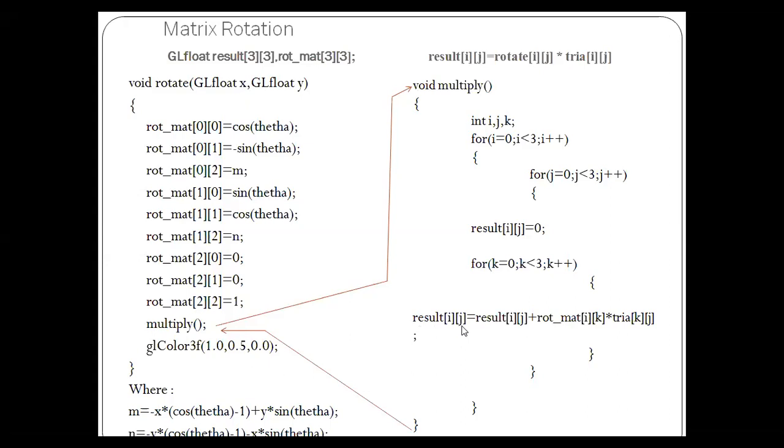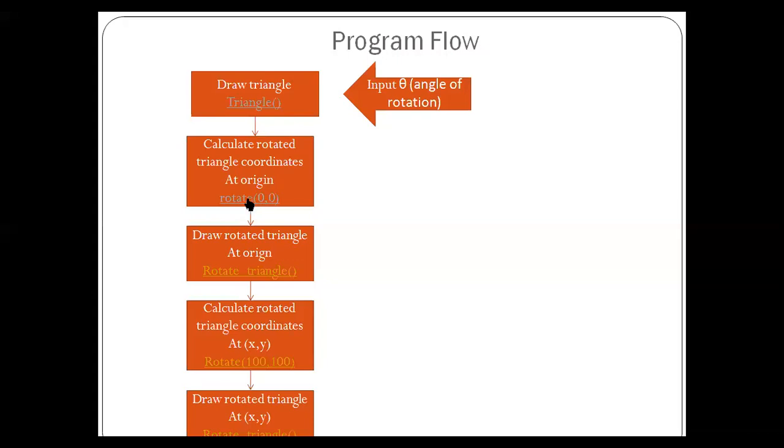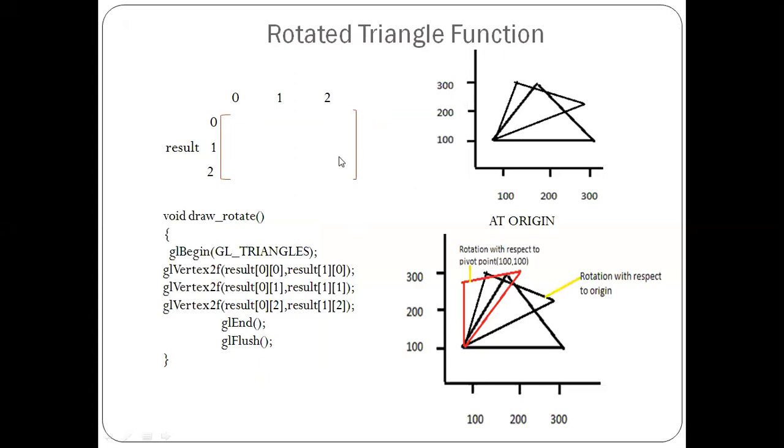Okay, let us see how that happens. I got the rotated matrix. Next, I will draw the rotated triangle at origin. See here, this is the result. So we have calculated that result, where the result contains the rotated matrix. So I will say draw rotate, where now I will draw this resultant matrix.